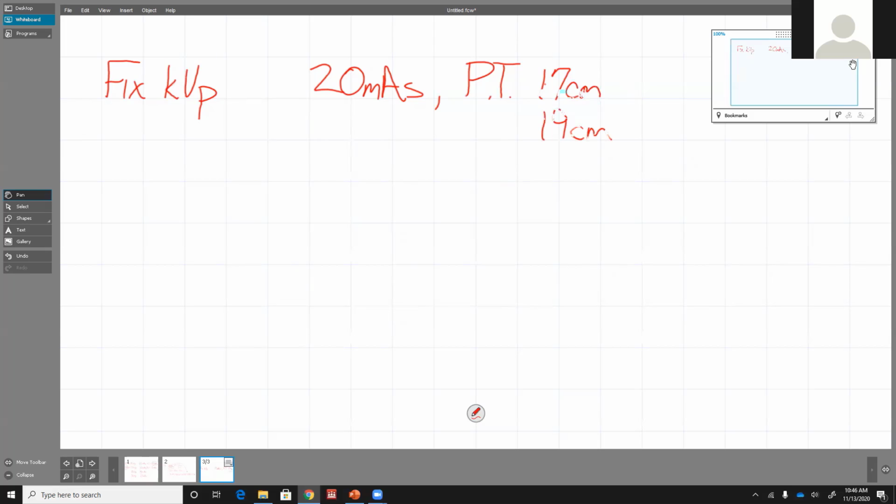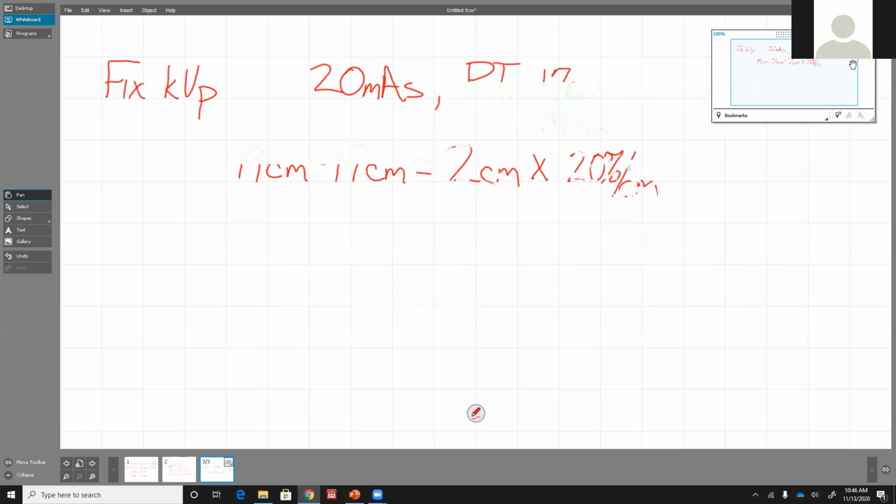I'm going to take 19 cm minus 17 cm equals 2 centimeters increase. I'll take this times 20% per cm. It's going to equal 40%.